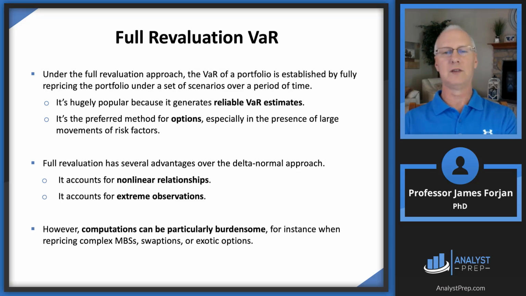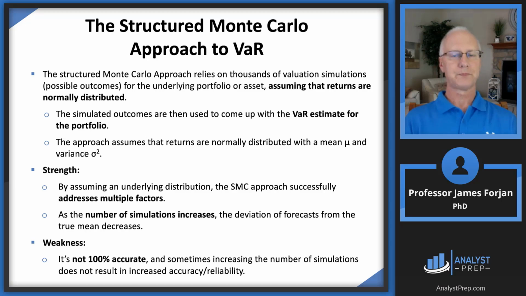You say something like, all right, look, let's agree to trade assuming that the average temperature is going to be 55 degrees in 6 months or whatever it is, and that temperature changes, and then you can revalue, et cetera. So the computations can be quite burdensome.